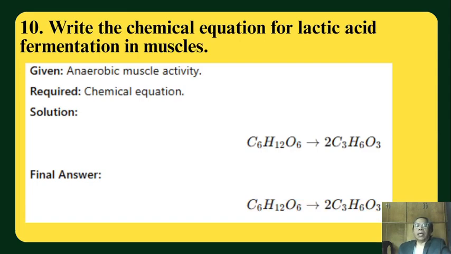Write the chemical equation for lactic acid fermentation in muscles. So we're given anaerobic muscle activity. So chemical reaction, we have 1 mole of glucose. It produces 2 moles of C3H6O3, which is lactic acid.